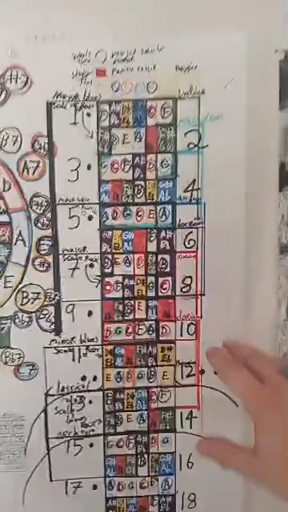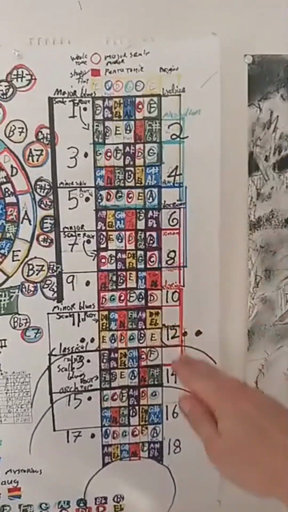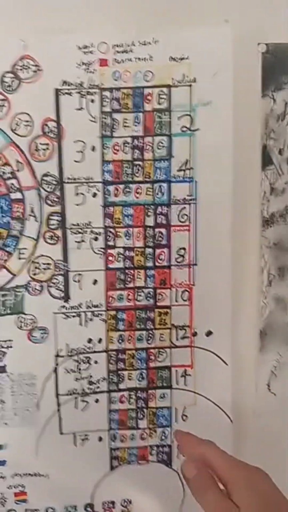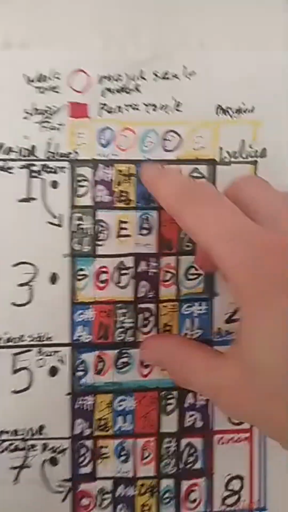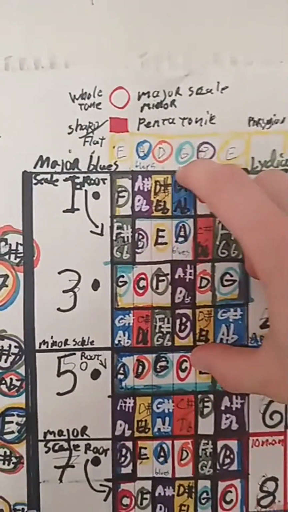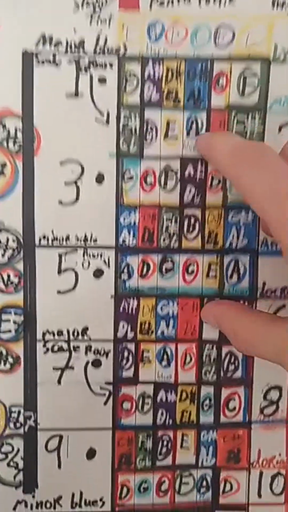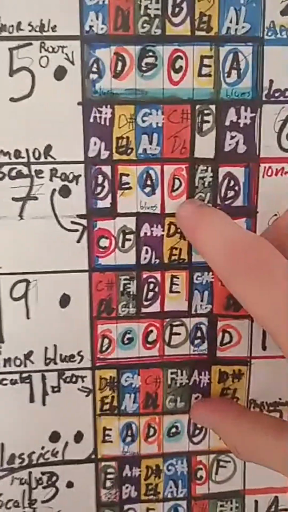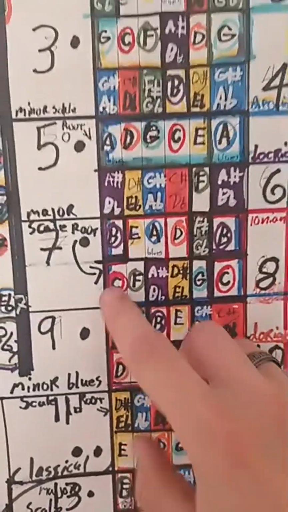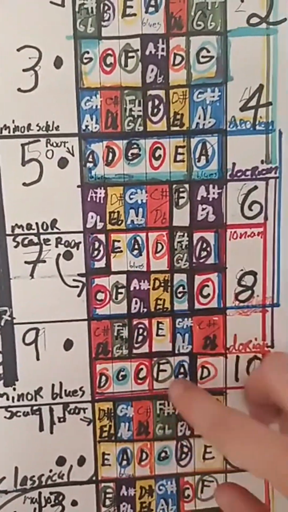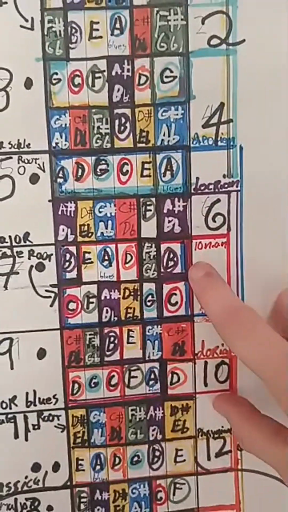But so as you can see, with the entire neck, you have every single type of mode and both types of scales. The first chunk up here, actually, where's the major scale? If I start on C from here, I can make a major scale out of this shape, and this is the Ionian mode.